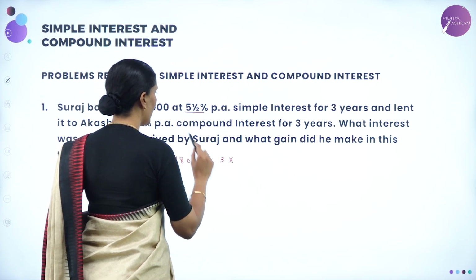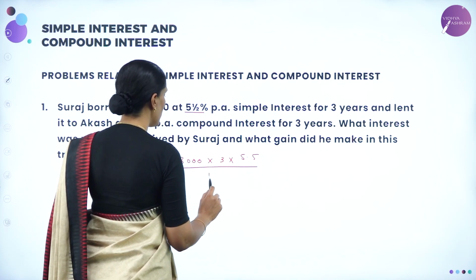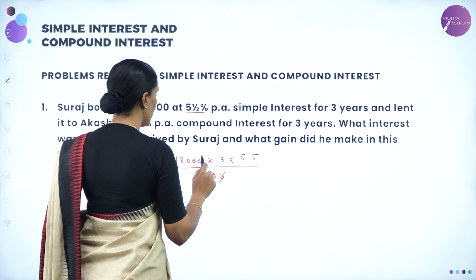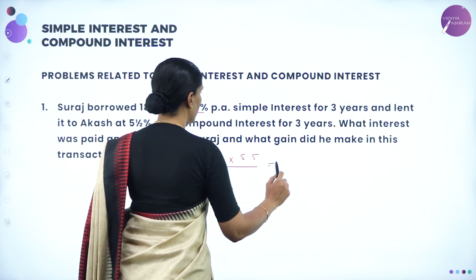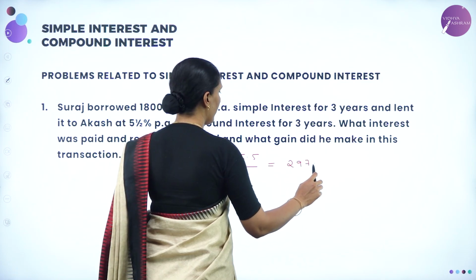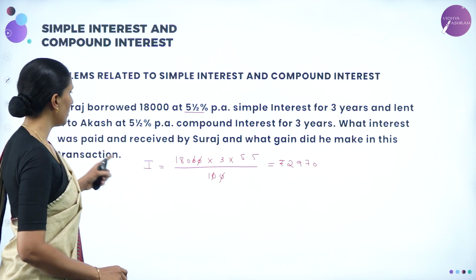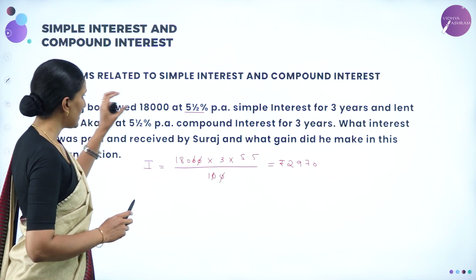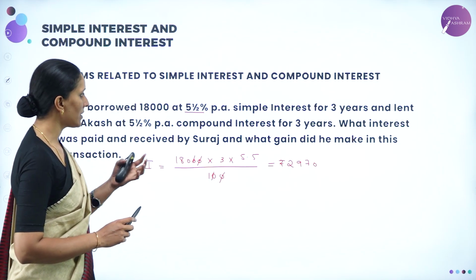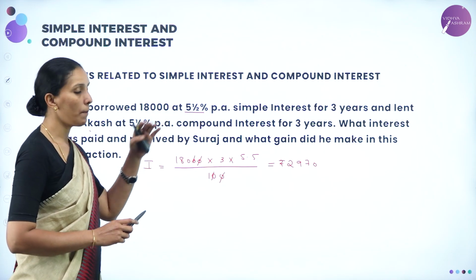Since it is 5.5, I can write this as 5.5 in numbers, divided by 100. Taking the product, we'll get the value 2,970 in terms of rupees. So that means Suraj has paid an interest of 2,970. Now the same amount he has given to Akash at 5.5% per annum compound interest.